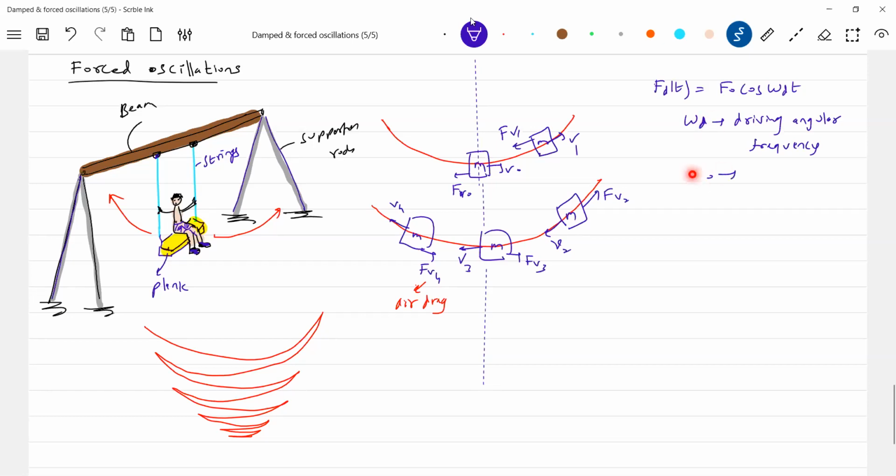In terms of the swing, what do you mean by driving angular frequency? The rate at which a person pushes the swing. This is the technical language. In common language, it is the rate at which the person pushes the swing, meaning per second how many times you push. Simplest idea: you'll be pushing with a certain force F naught.